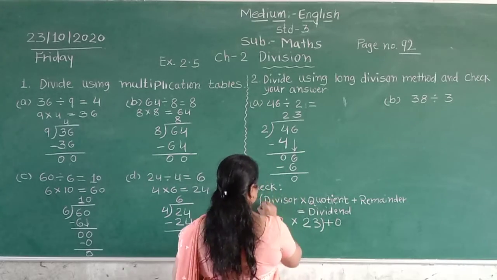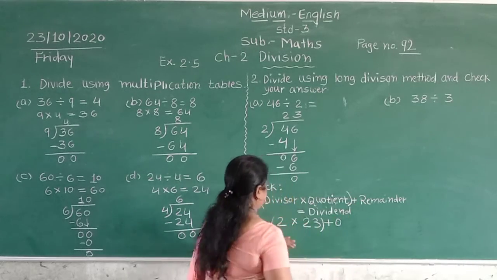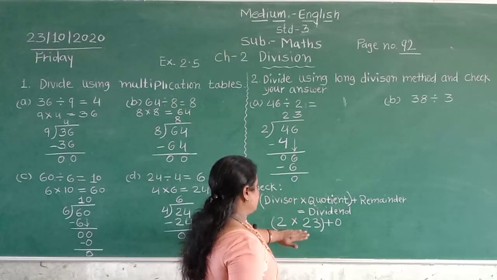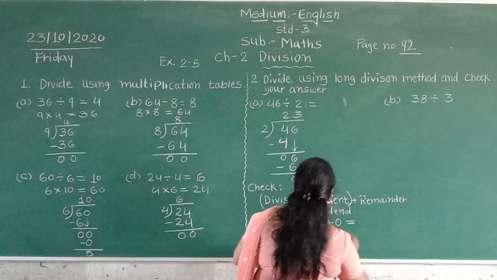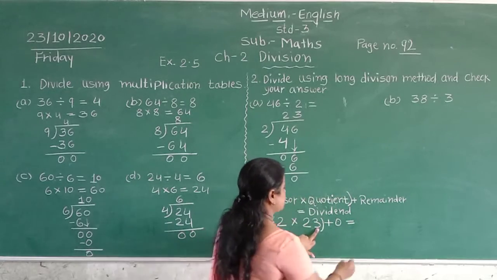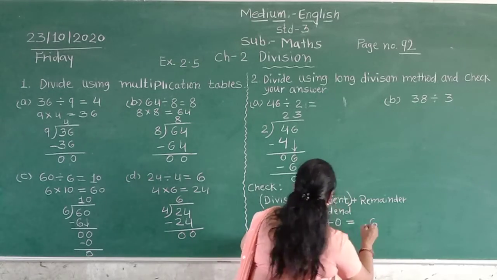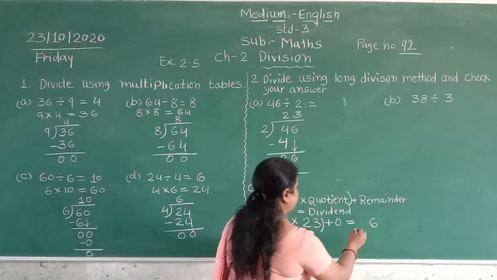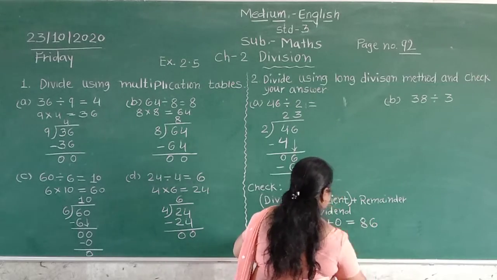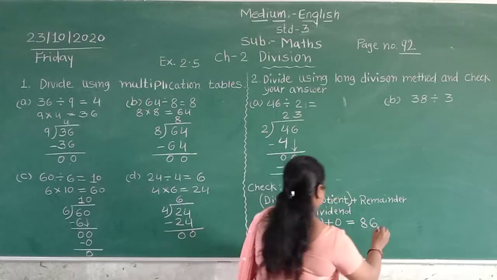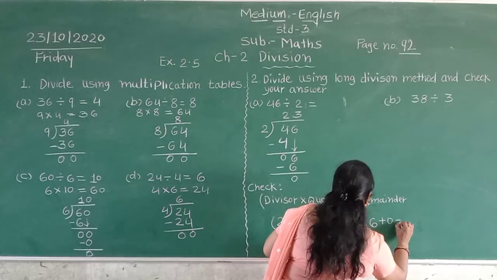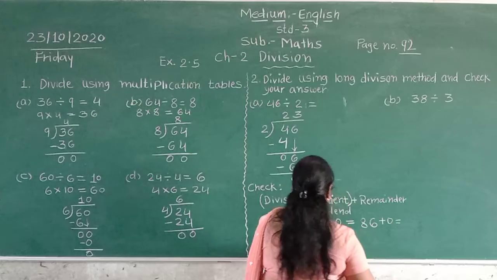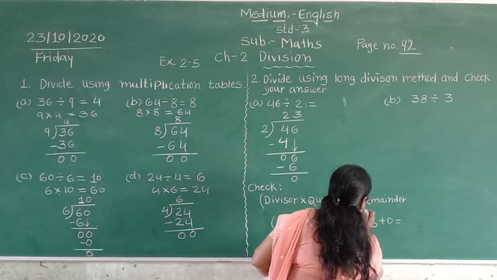Now 2 multiply 23. 2 3s are 6 and 2 2s are 4.